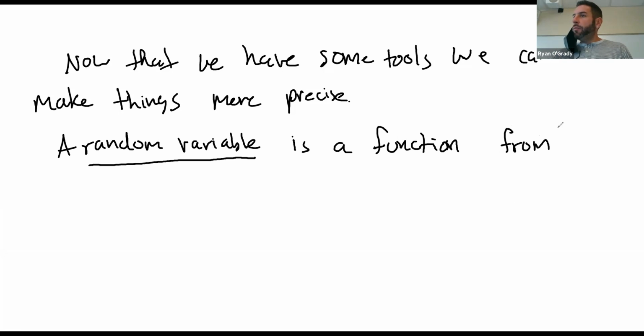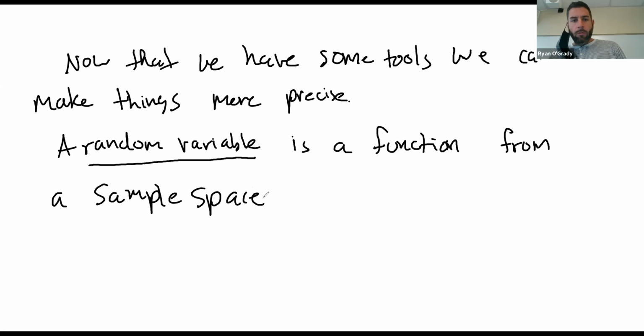It is a function from a sample space to another set.